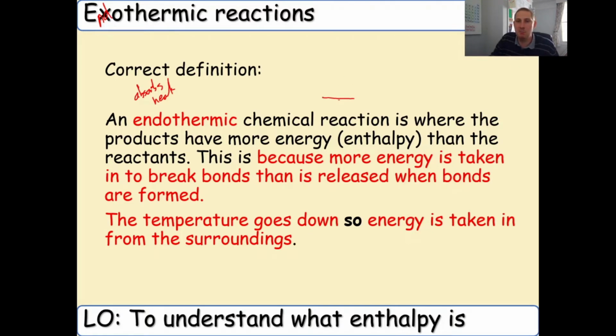This is because more energy is taken in to break the bonds than is released when new bonds are formed, okay? And again, we've got this bit of energy, only this time, this is the extra energy that is needed to go from reactants to products rather than the extra energy released.